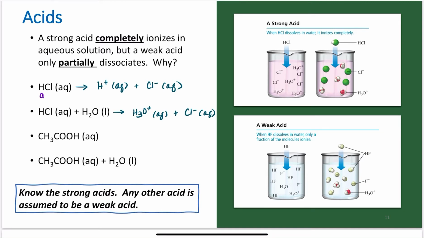This is my acid. It's forming a proton. That's my Arrhenius definition. This is my acid, it's donating a proton. This is my conjugate base. This is my base, it's accepting a proton. This is my conjugate acid.